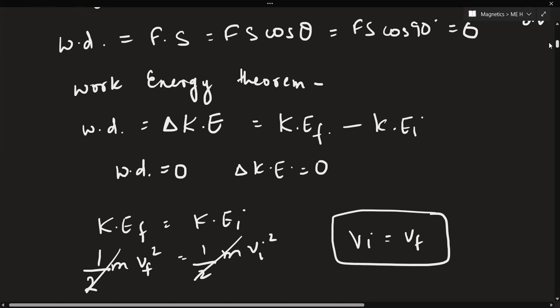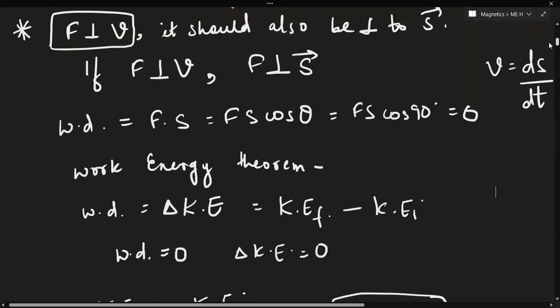Why is the work done 0 here? See, the dot product of force and displacement gives you work done. In this case, force is perpendicular to velocity, which we have assumed, and in the questions this will be provided to you.